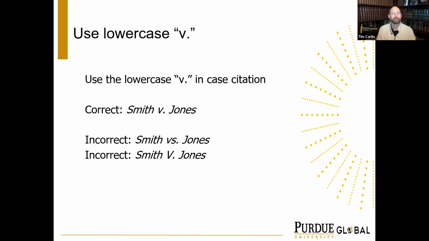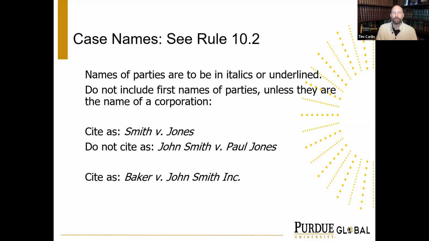Okay, next slide. All right, so names of the parties. I mentioned this briefly: use italics or underline. Never use first names of the parties unless it's a corporation. You can see here, John Smith Inc. Don't write John Smith v. Paul Jones.